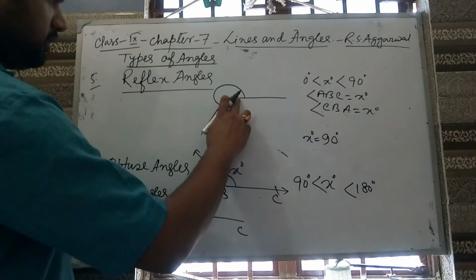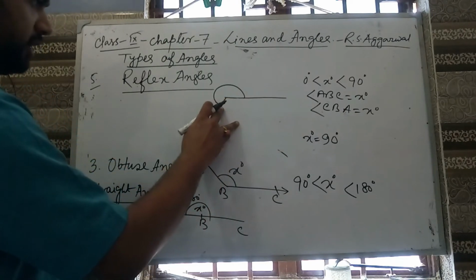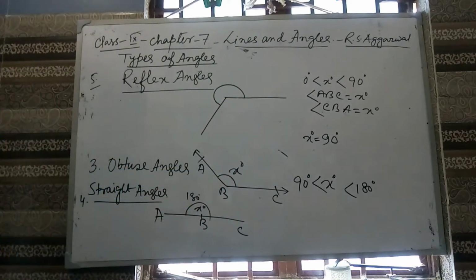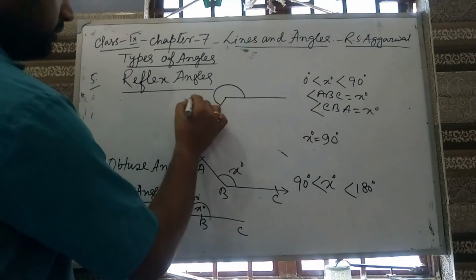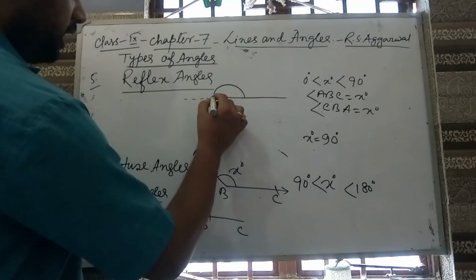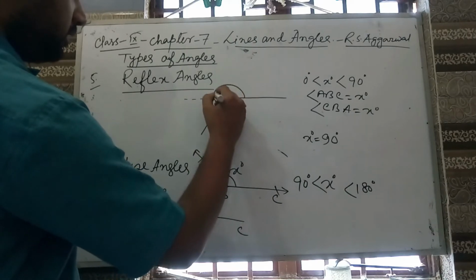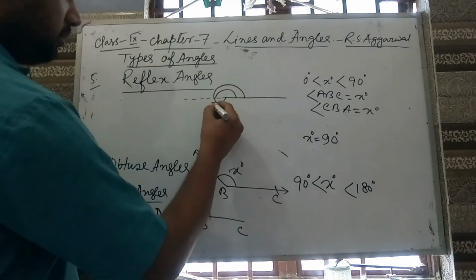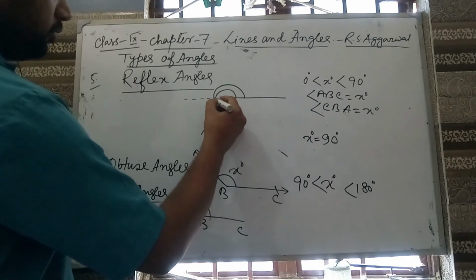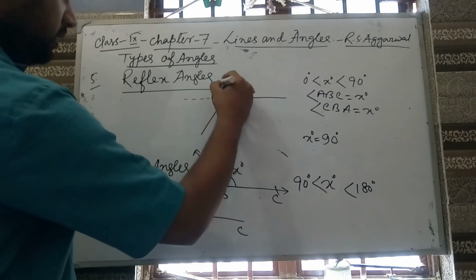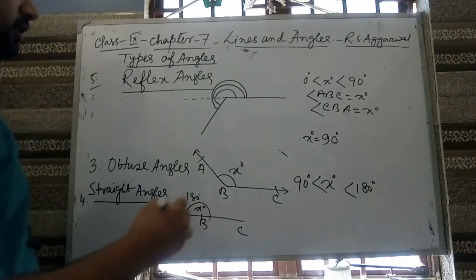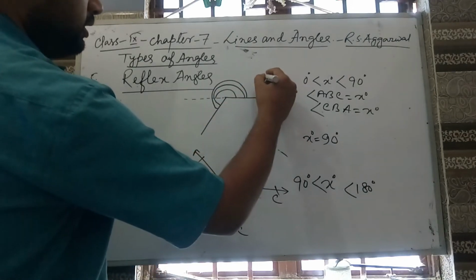Reflex angle means the measurement of the angle is greater than 180 degree. 180 degree means if the line goes like this, then this portion is 180 degree. But we have added more portion to the angle. So this whole angle is greater than 180 degree.